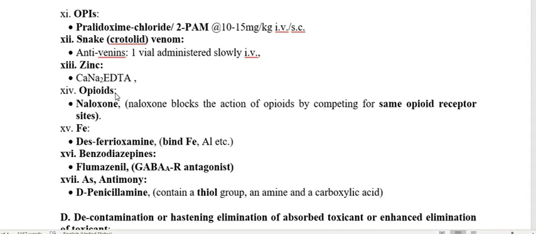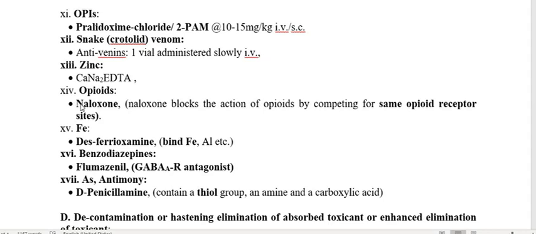We also discussed opioid toxicity, naloxone as an antidote, because opioid is acting on the opioid receptor and naloxone is also acting on the opioid receptor. So when in the presence of opioid you are giving the naloxone, naloxone binds to the opioid receptor.